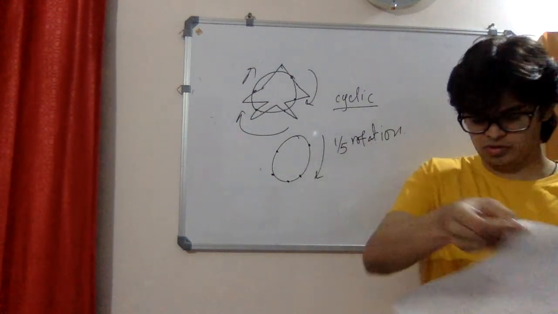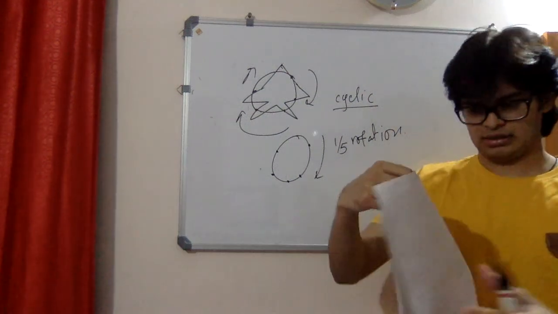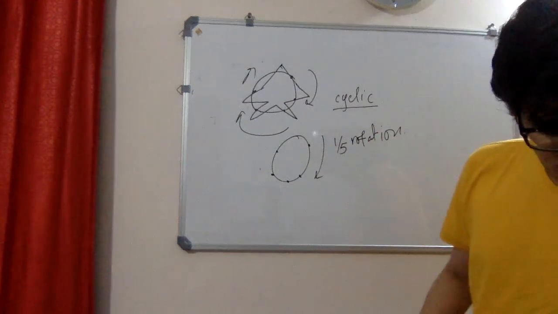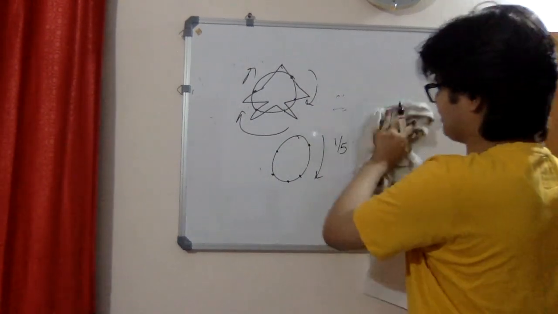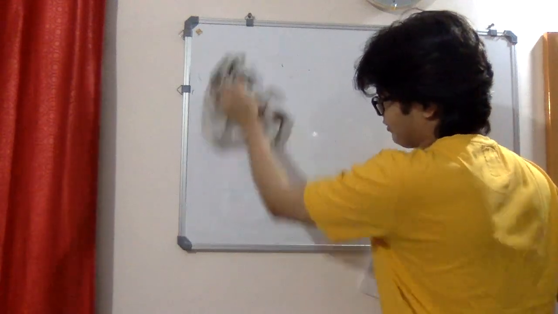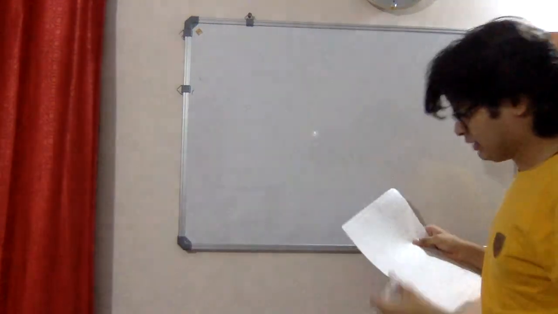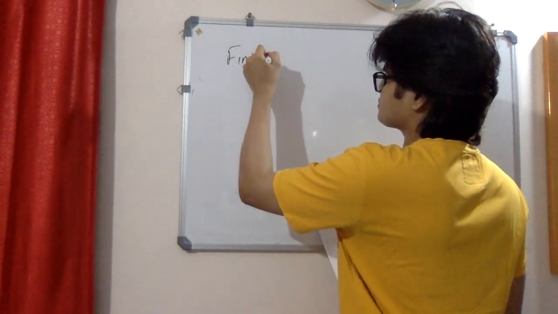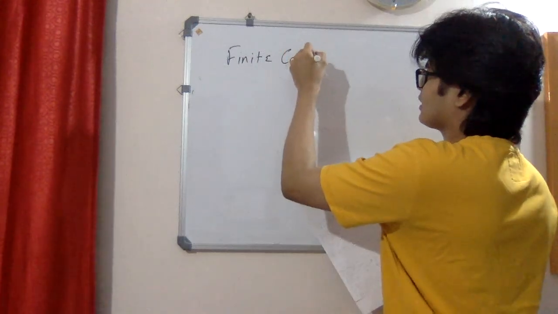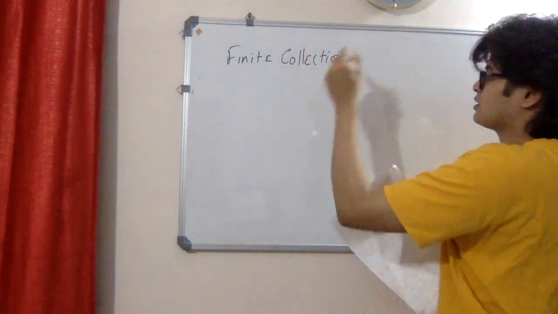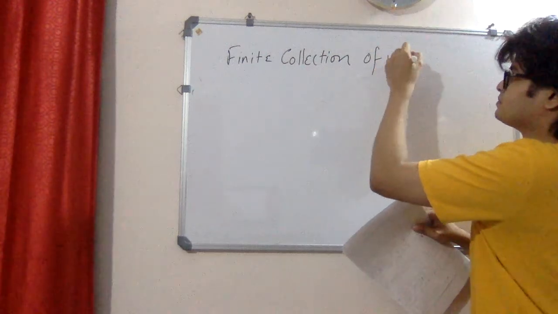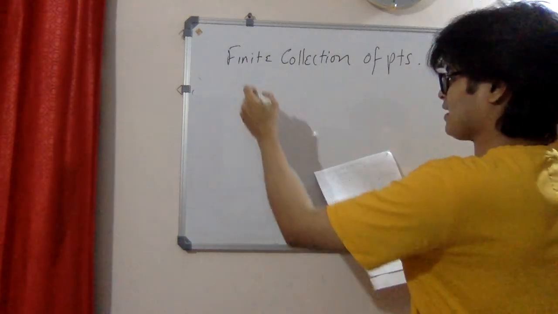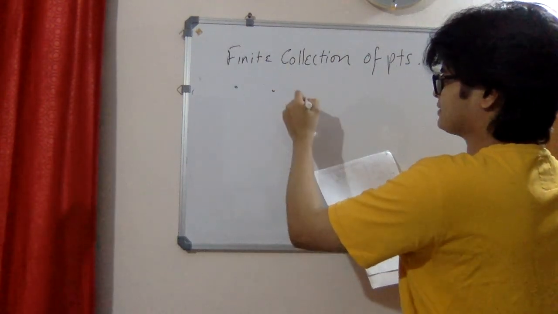Now, to move on, instead of having a specific object of any shape, we can have a finite collection of points. Say, for example, we have 6 points.